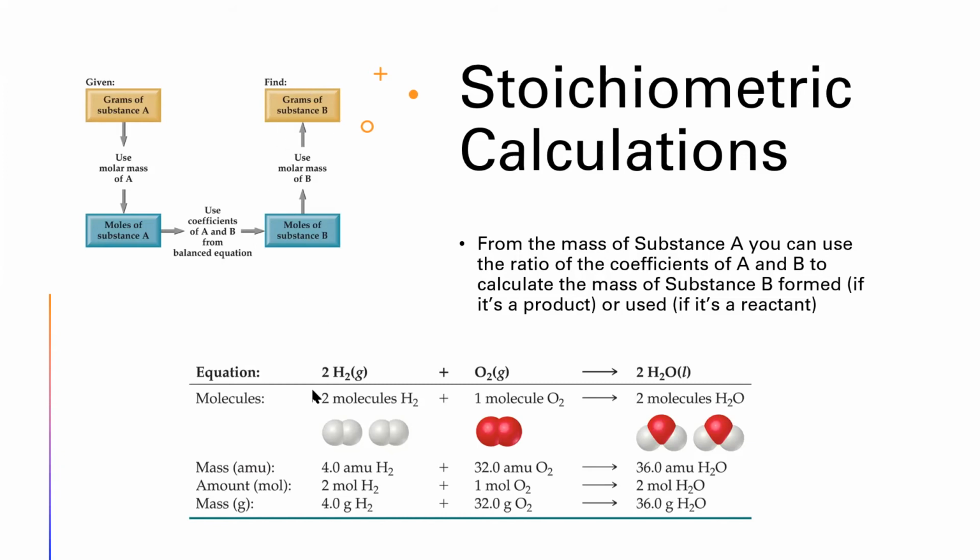For example, we have this reaction: 2H2 plus O2 producing 2H2O. It means it has two molecules of hydrogen and one molecule of oxygen, producing two molecules of H2O.